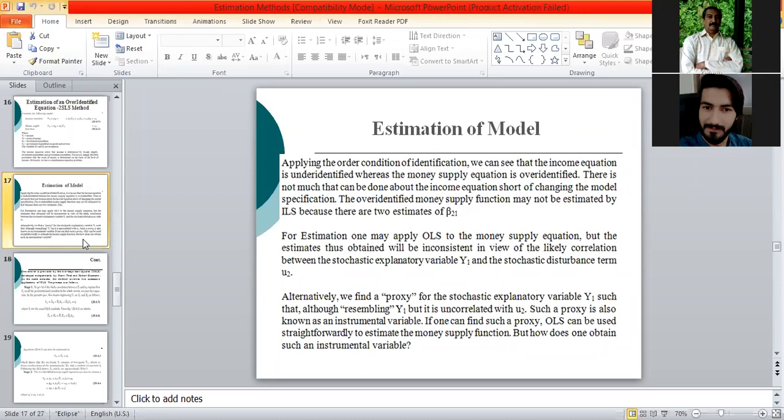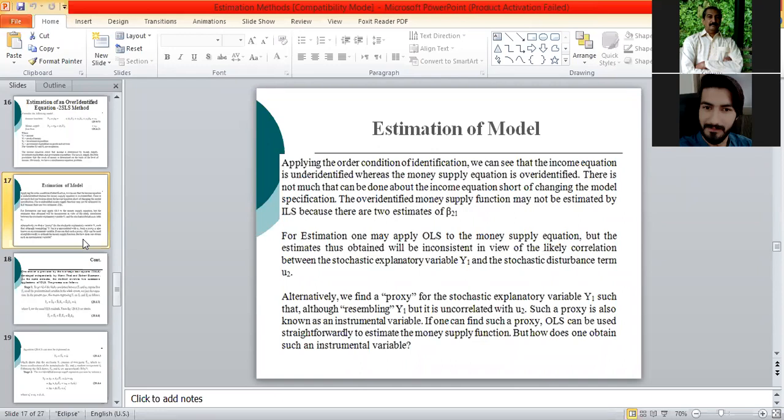If we have some proxy for the original variable, then you will replace the original variable with this proxy and then estimate by OLS. Why? Because by replacing the original variable with the proxy, you have a variable that is free from the influence of the error term.